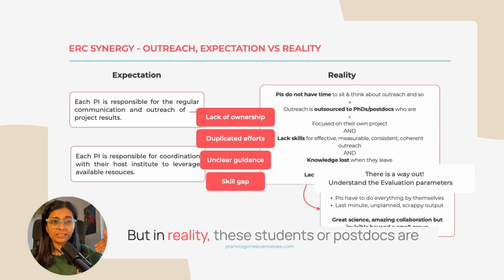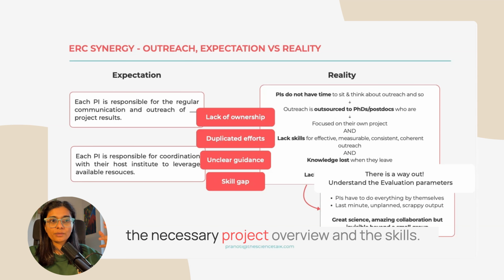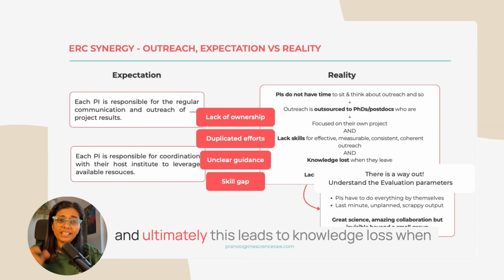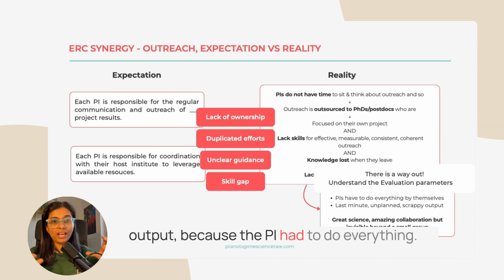But in reality, these students or postdocs are focused on their own research, and they lack the necessary project overview and the skills. And ultimately, this leads to knowledge loss when a PhD or a postdoc leaves, or last-minute scrappy output because the PI had to do everything.